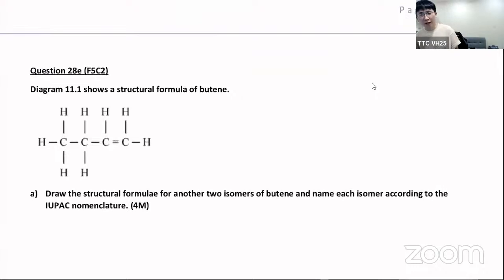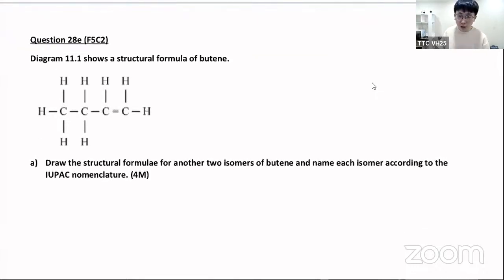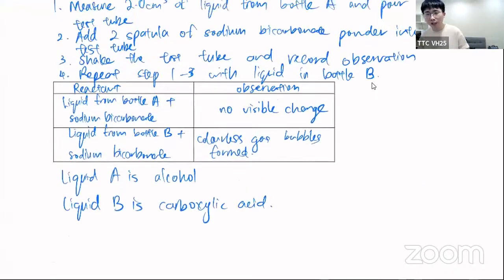Okay, last question, guys. We have a butene here. So this is a butene, 4 carbon with a double bond there. Draw the structural formula. Haven't done. Okay. You all do first.